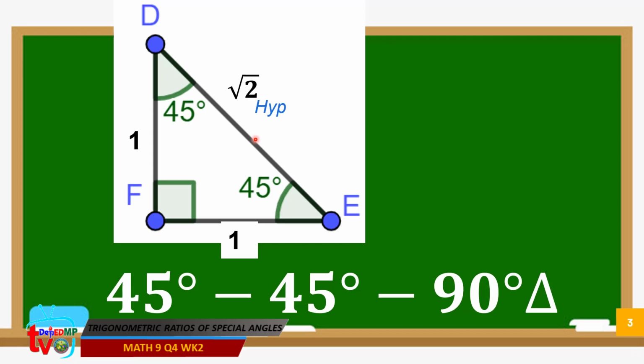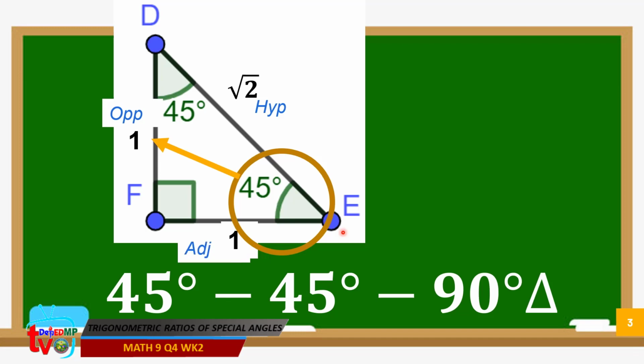Now, if our reference angle is angle E, can you point me to the opposite side of angle E? Yes, you're right again. Our opposite side is line segment DF. And our adjacent side is, of course, line segment EF.